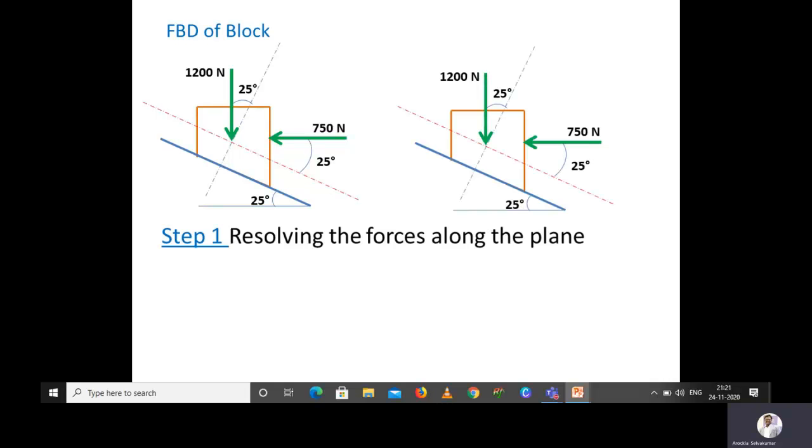So we have to resolve the forces along the plane. First, we know the equilibrium condition: summation of horizontal components is equal to 0. Here we are going to resolve the forces along the inclined plane.